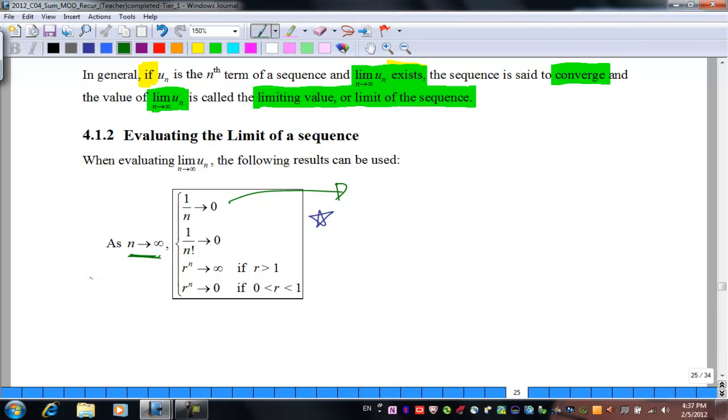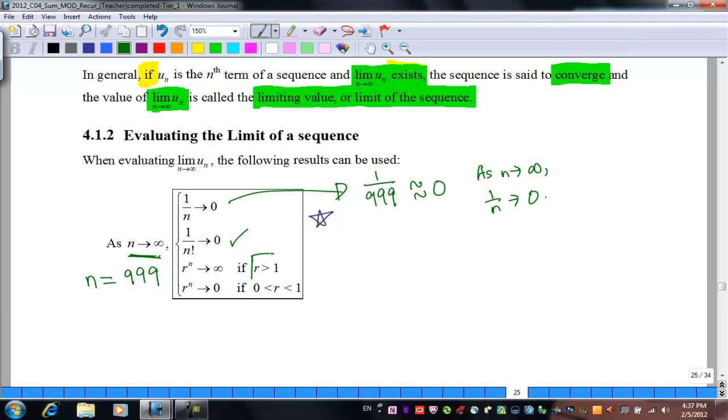So what I normally advise students to do is substitute in a very large number for n, for example, n equals 999. Then 1 over 999 should be quite close to 0, right? So that's why as n goes to infinity, 1 over n should go to 0. Similarly, this one should be no problem. It follows the same logic. 1 divided by a very big number should go to 0 as my number gets bigger and bigger.